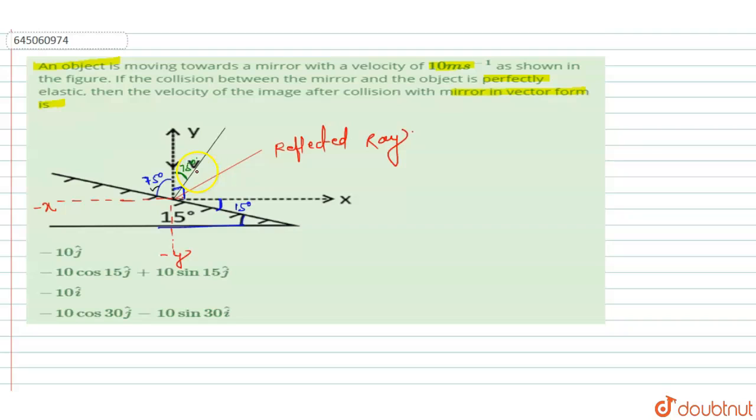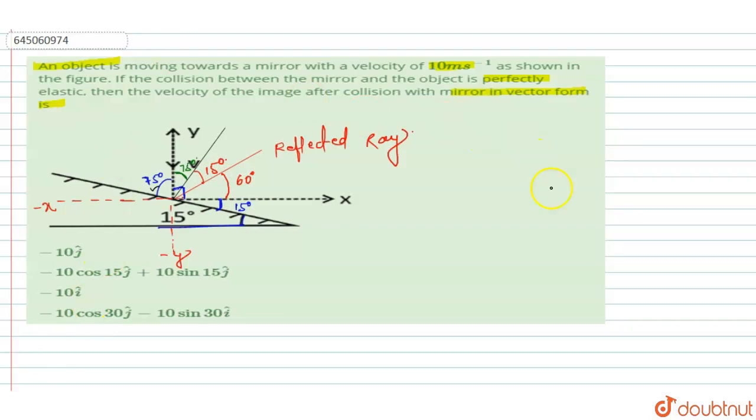This is also 15 degrees, then definitely this is perpendicular and this is 15 degrees plus 15 degrees, 30 degrees, then definitely this angle is 60 degrees.